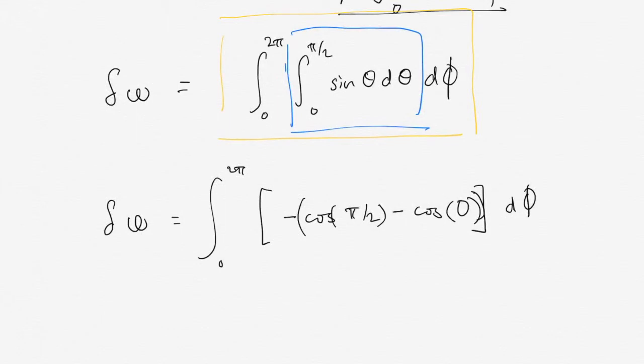So now cos pi over 2 is 0, while this is 1, which makes this positive 1.